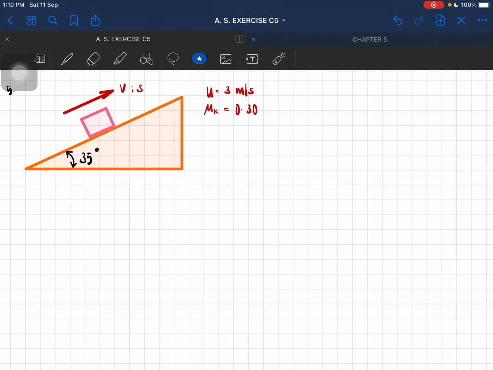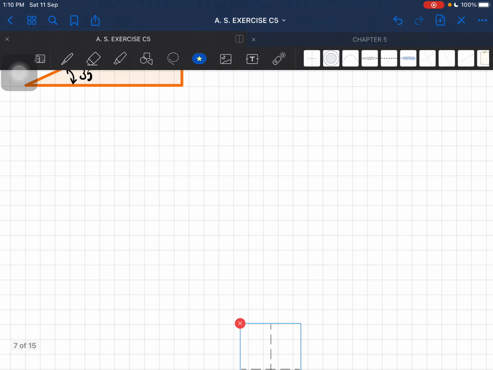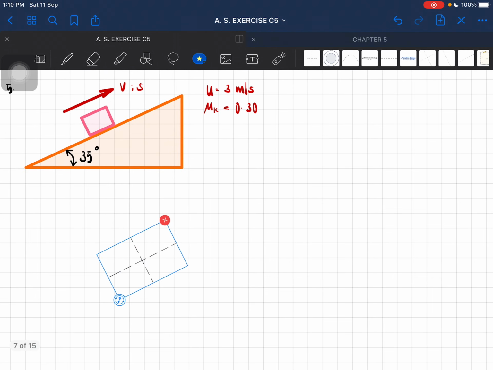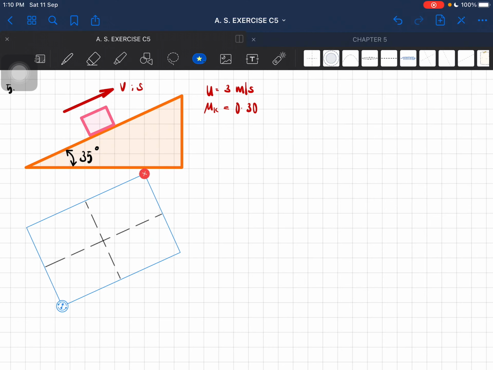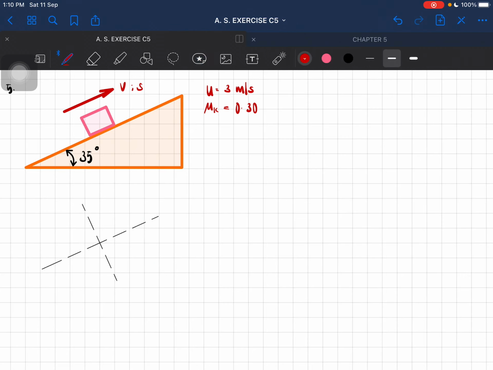So firstly let us draw the free body diagram. Okay, so this is the inclined plane, right? So now let's draw the forces experienced by the block. So obviously there's weight, and then this is a rough plane, so there is friction force, then there is normal force.